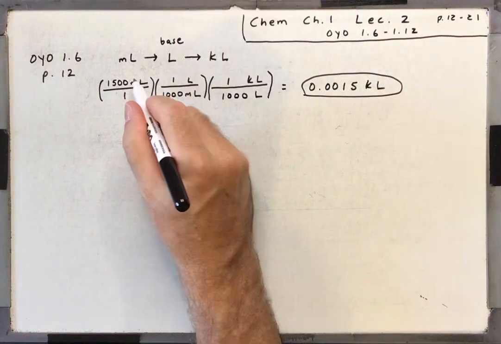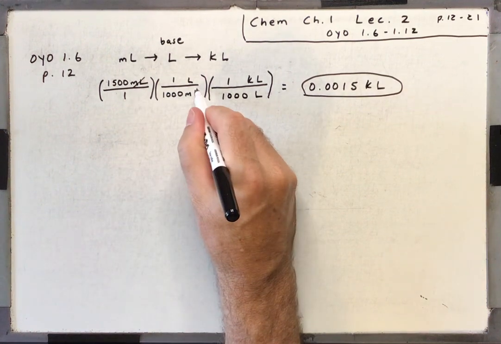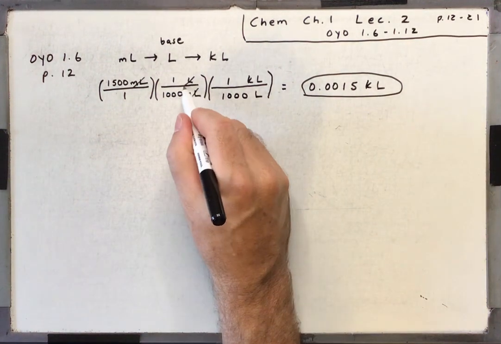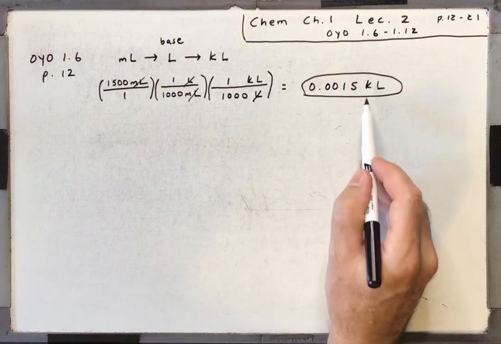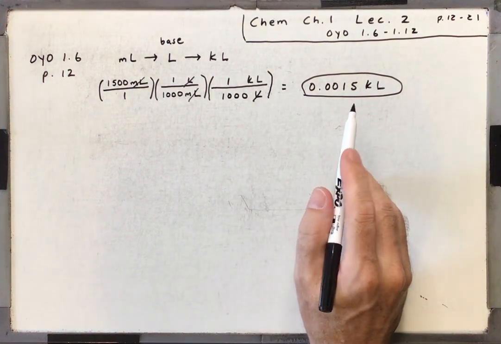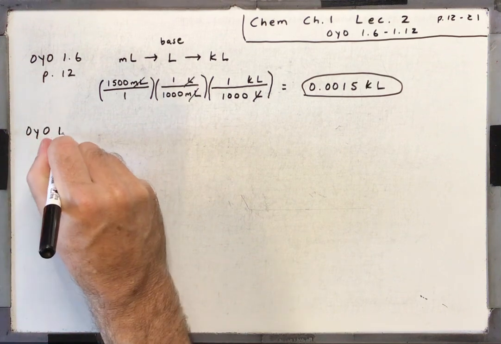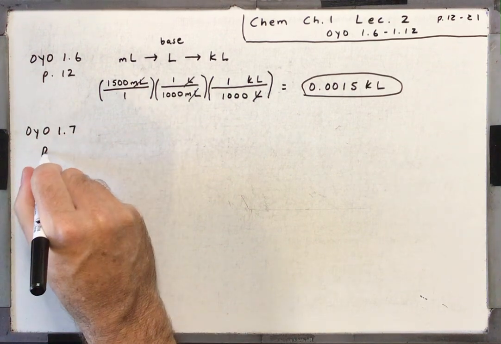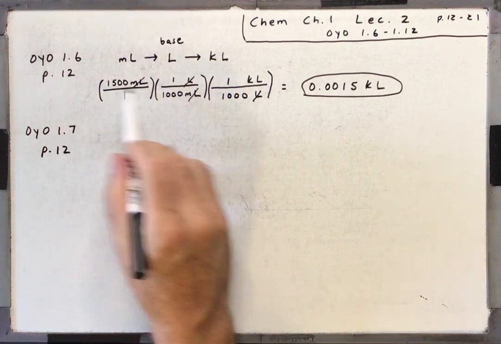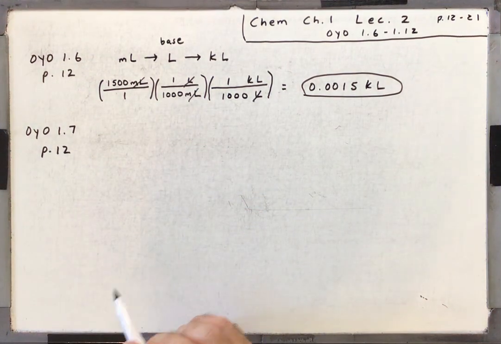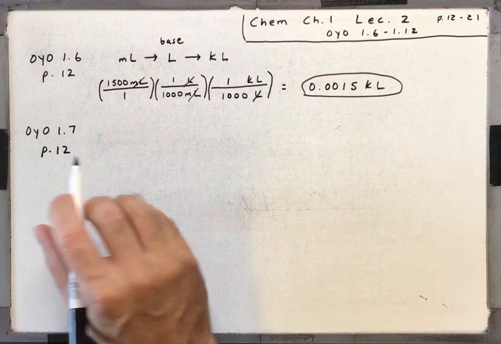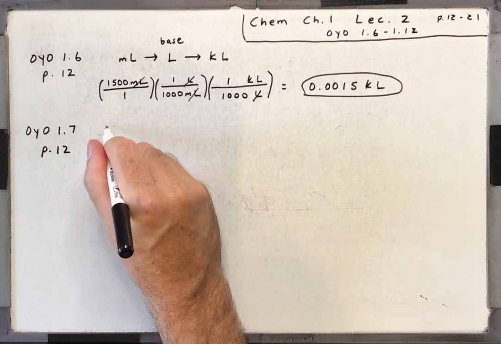So because of the factor label method, we have milliliters canceling and liters canceling, and we're just left with kiloliters. All right, let's try 1.7. So why don't you pause the video, and based on this example I gave you, try it, and then come back and watch it. Okay, let's see how you did.